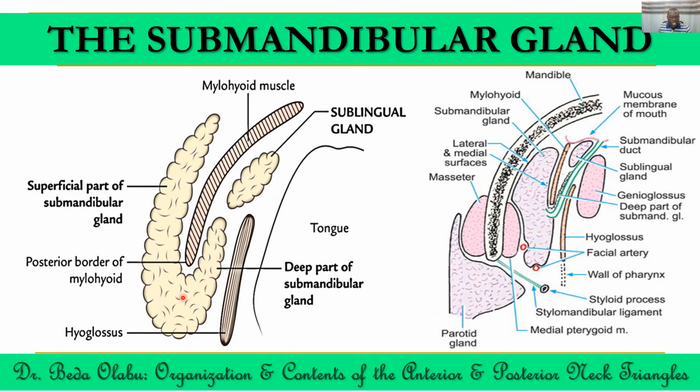The two are connected behind the posterior border of mylohyoid muscle. Also important to note that the submandibular gland is separated from the parotid gland by the stylomandibular ligament, that one. This is the one that now separates the parotid gland from the submandibular gland.